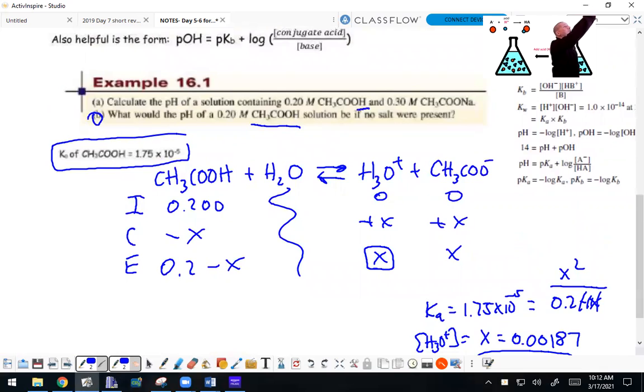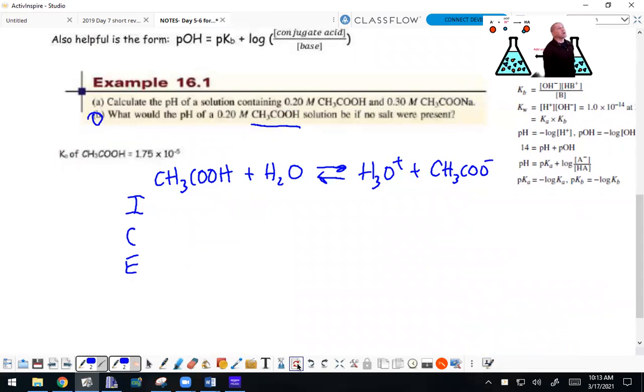So we still have a 0.2 molar solution of CH3COOH, but now we're adding a common ion. So we don't care about the Na. Not only that, remember Na doesn't have any effect on pH, but we now have this CH3COO minus, which we have in our first reaction. So let me hit a reset. I saved this so that the equation would stay.